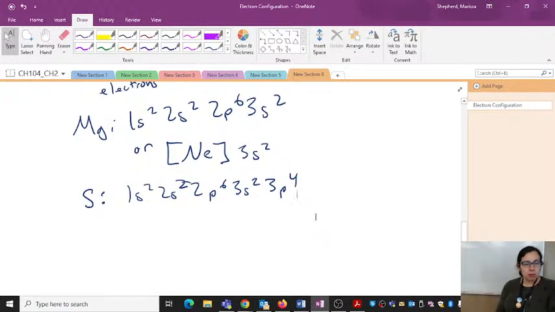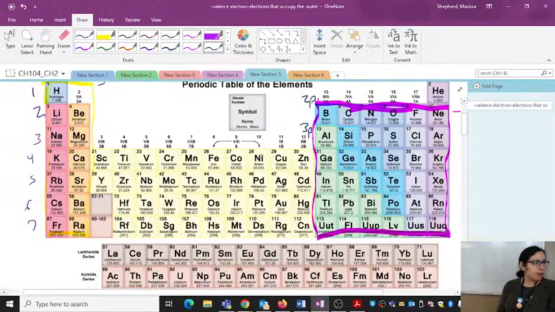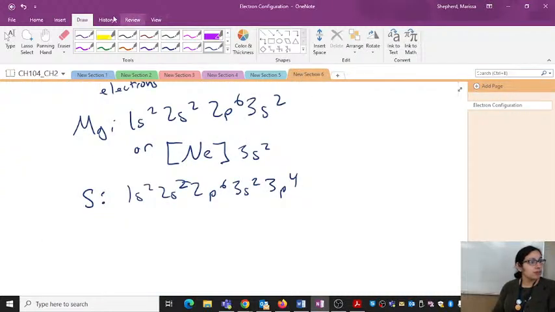We could also write it in our abbreviated form. Starting at neon, we then write 3s2, and then 3p: 1, 2, 3, 4. And I see a yes in the chat. Thank you.